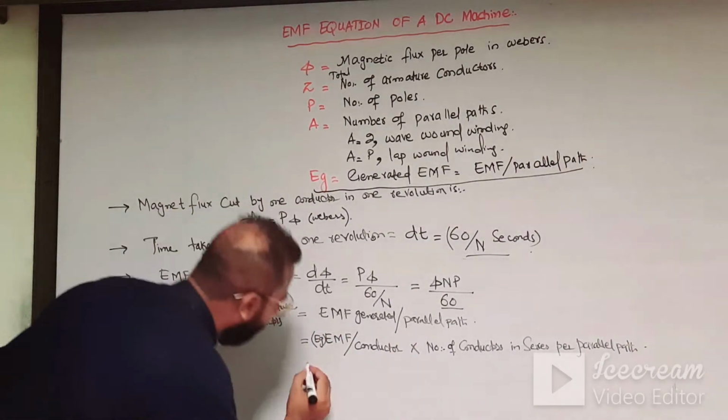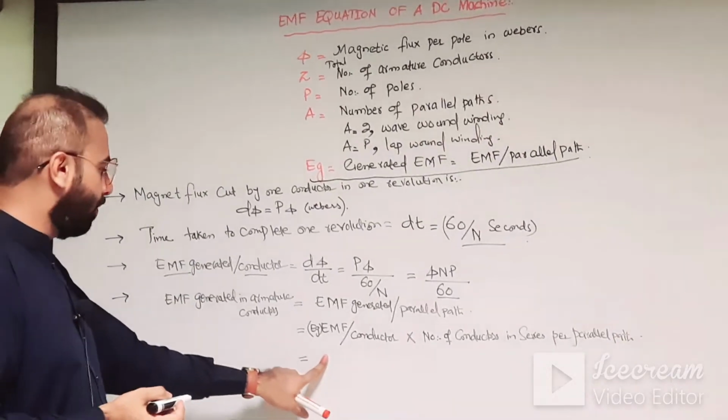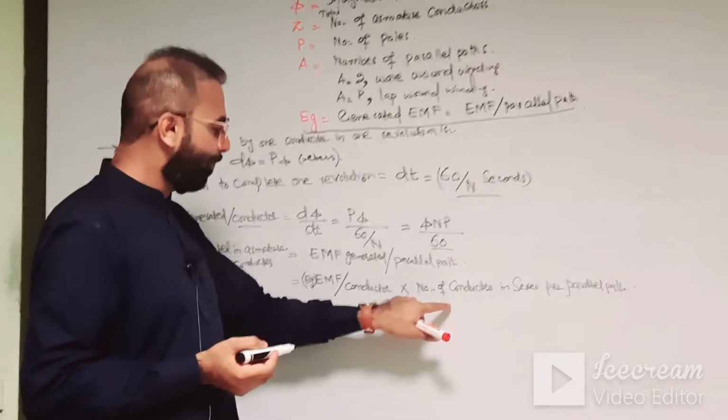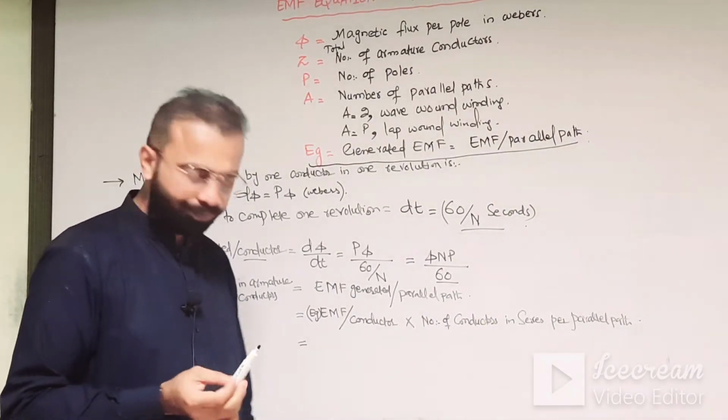So EMF per conductor multiplied by the number of conductors in series per parallel path.